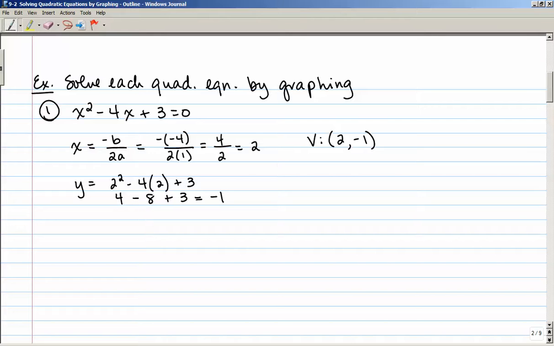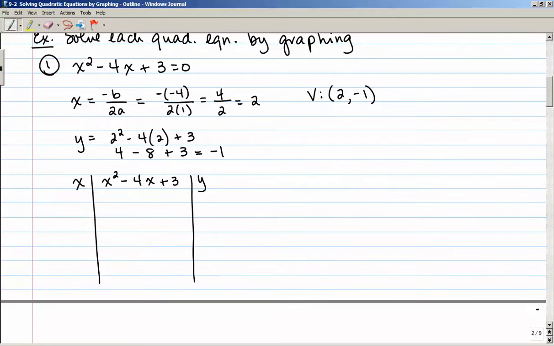Let's make a table of values. So I'll put x squared minus 4x plus 3 in the middle of the table here. Okay. And remember that I want my vertex to be the center point in my table, and I'll pick 2 values of x that are smaller and 2 values of x that are larger, and plug those in and see what I get.